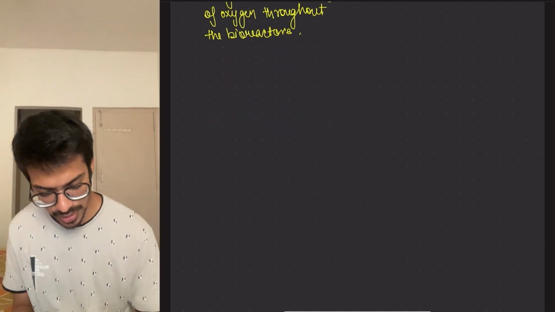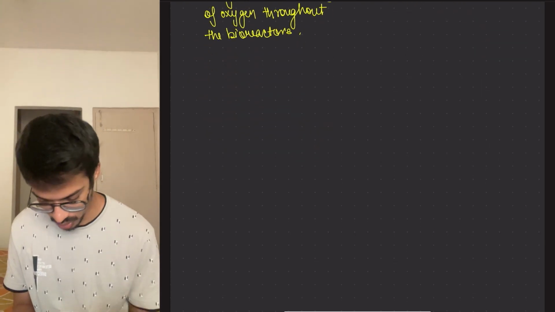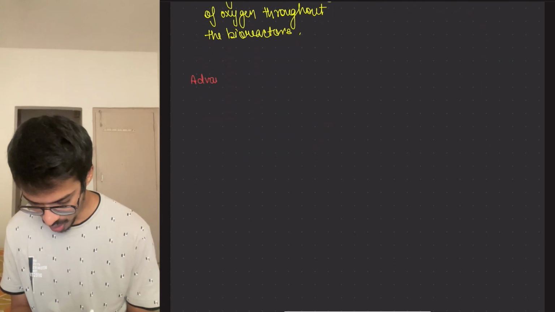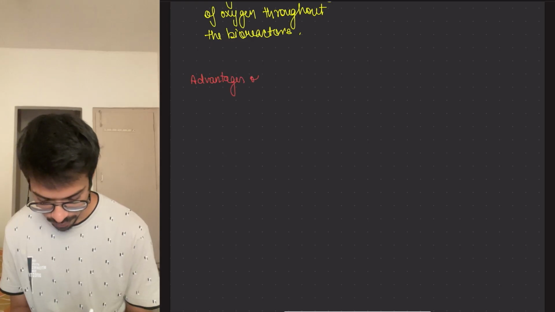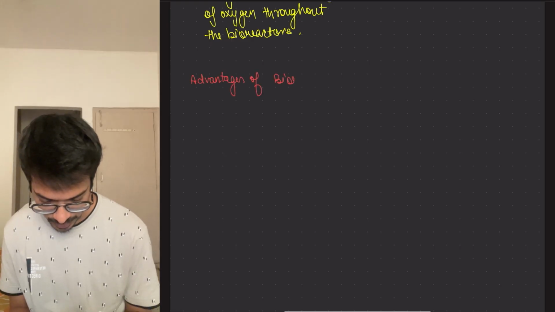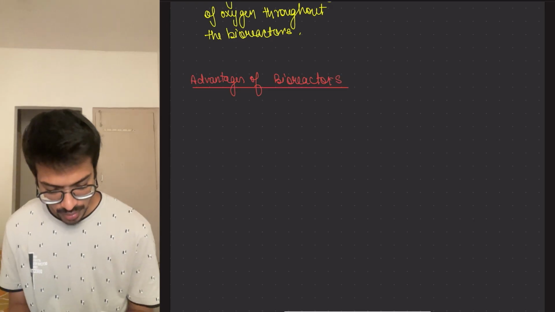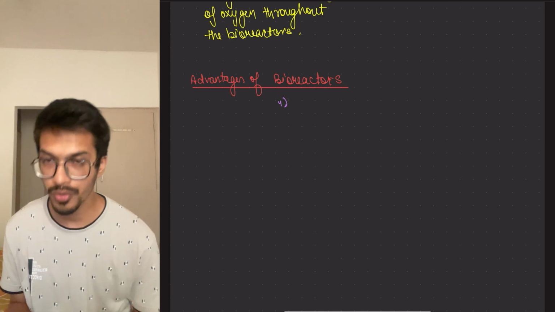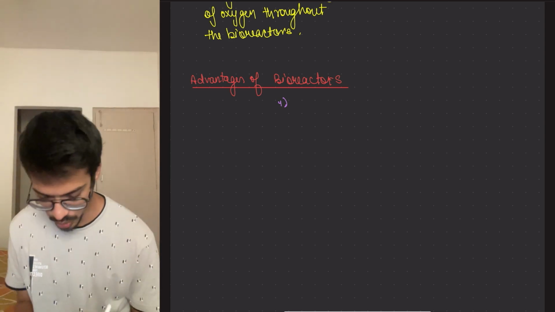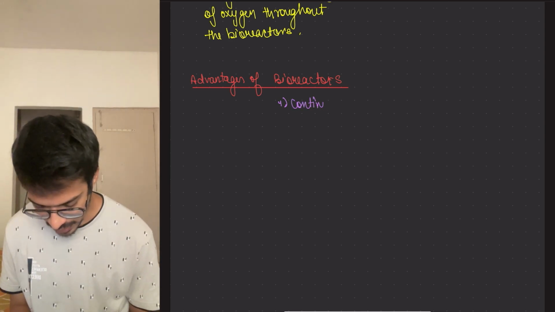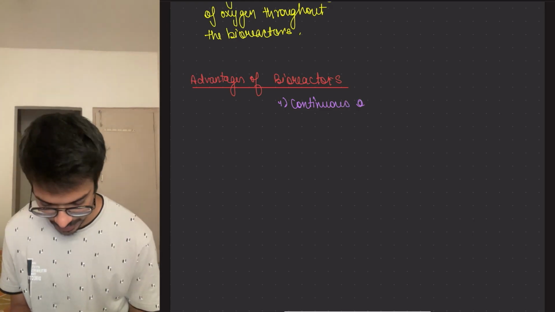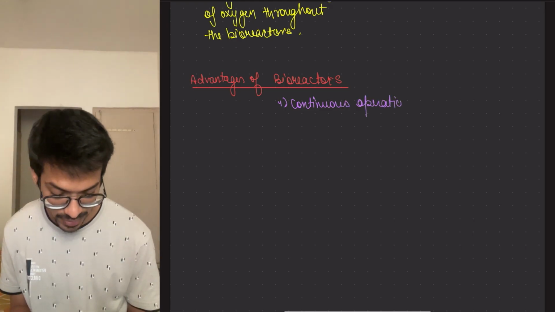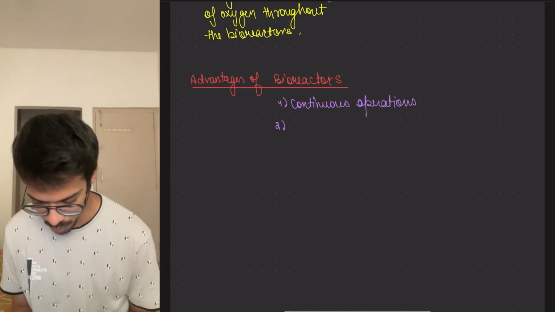Now, if someone asks what the advantages of this are, the next thing is advantages of bioreactors. So it goes like this: first of all, it is important for continuous operation. It keeps on doing the continuous operation. We don't have to think about what happens if the operation is stopped. No, it will keep on happening.